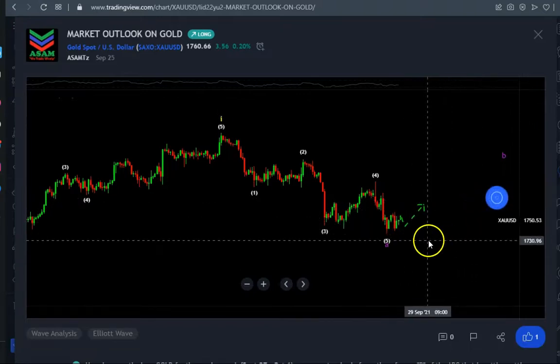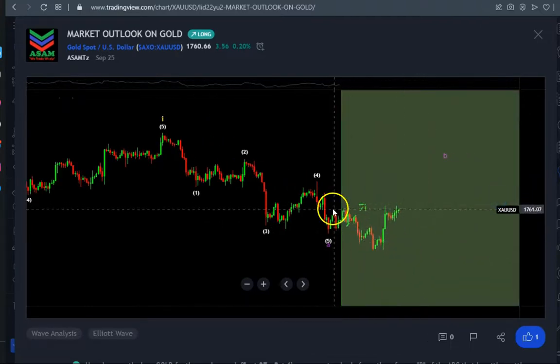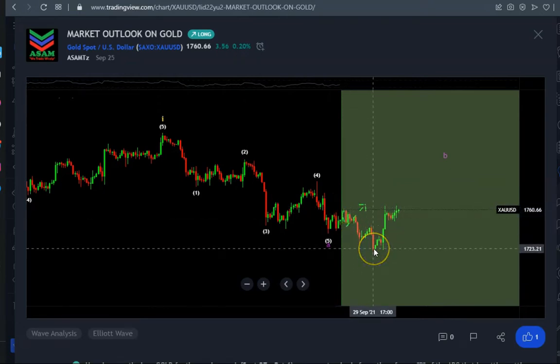So it moved up a little bit on Monday, then pushed down for the remaining days, and on Thursday and Friday it started pushing up in this move.